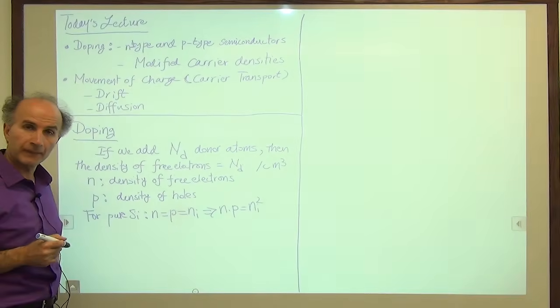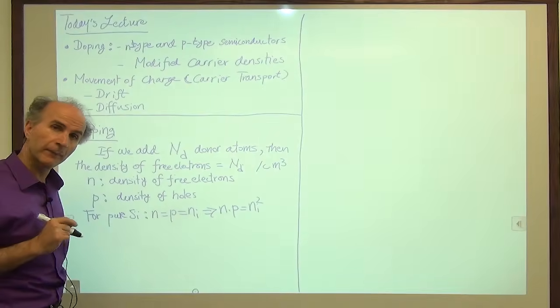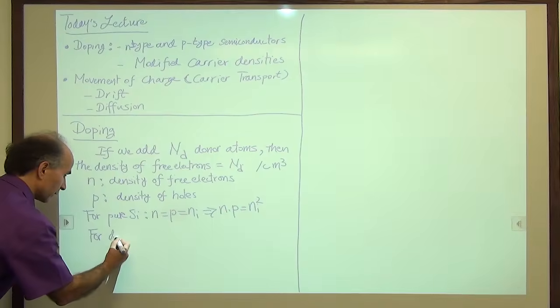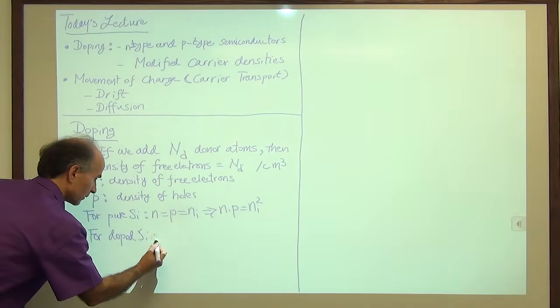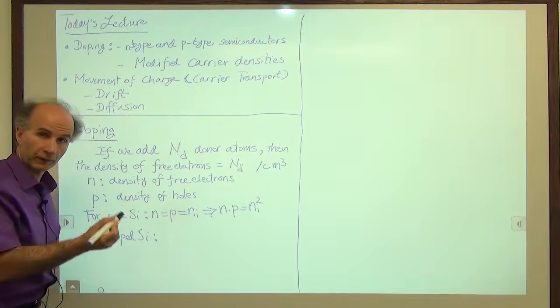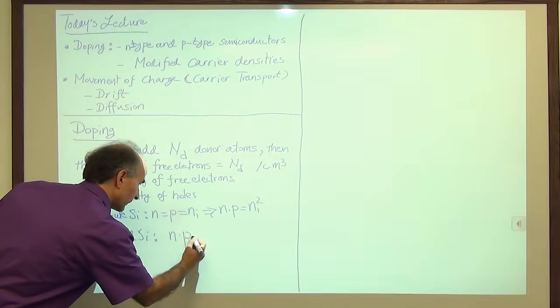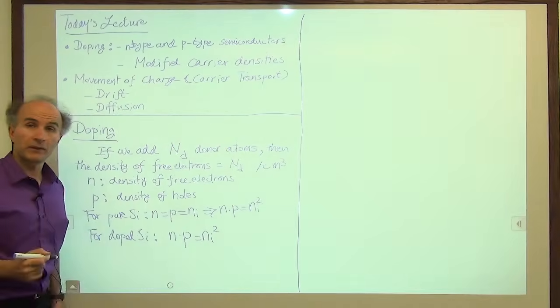Right? Very simple. But what also turns out to be the case, and we will not prove it here, is that for doped silicon, for example, if it's doped with phosphorus, it is also true that n times p is equal to Ni squared. Strange but true.